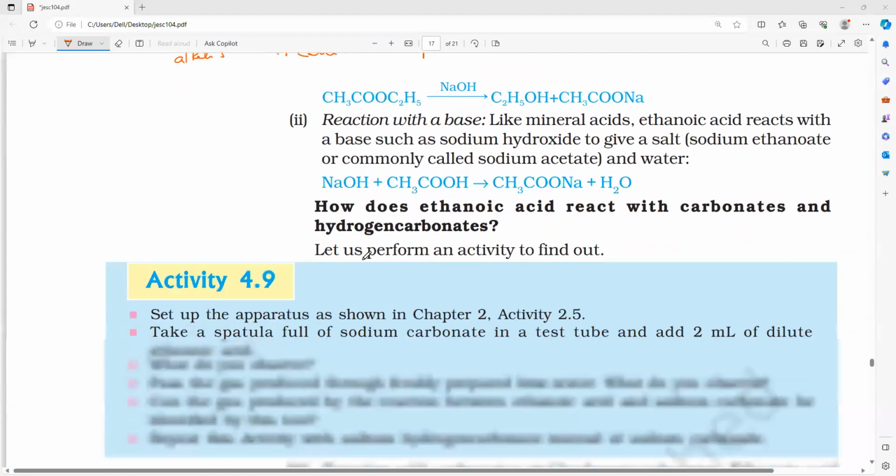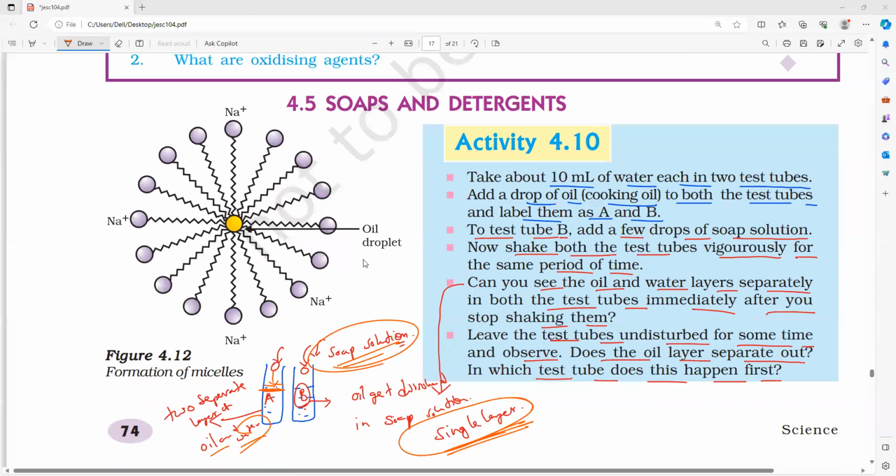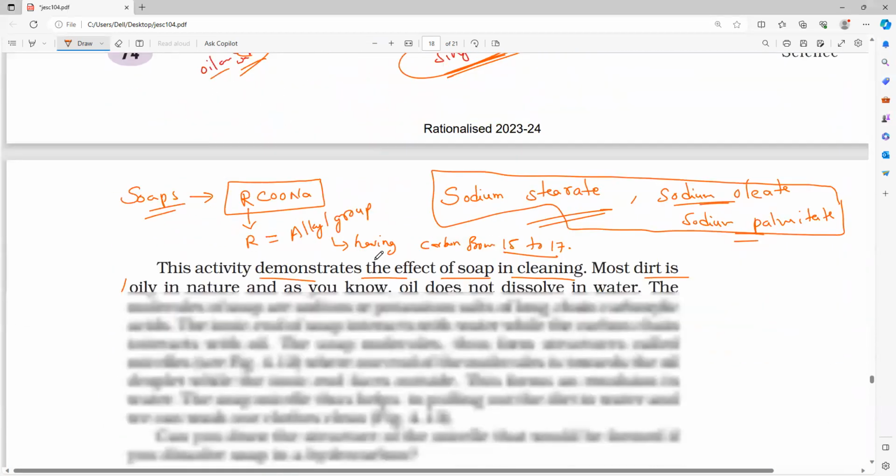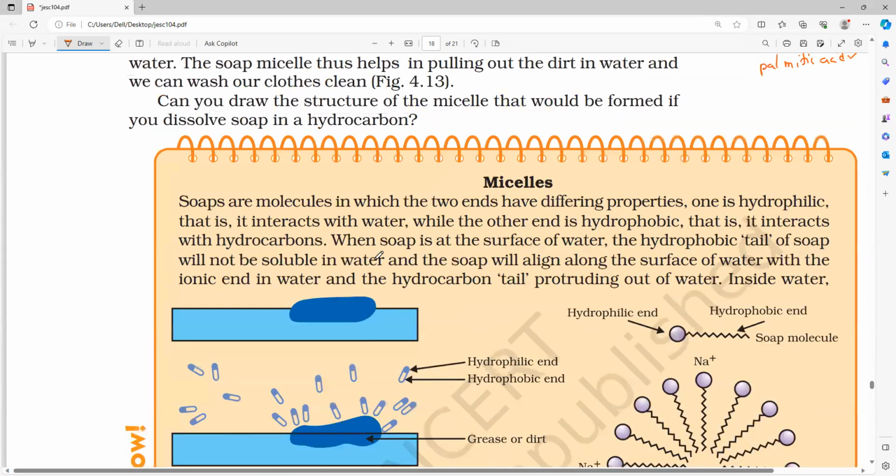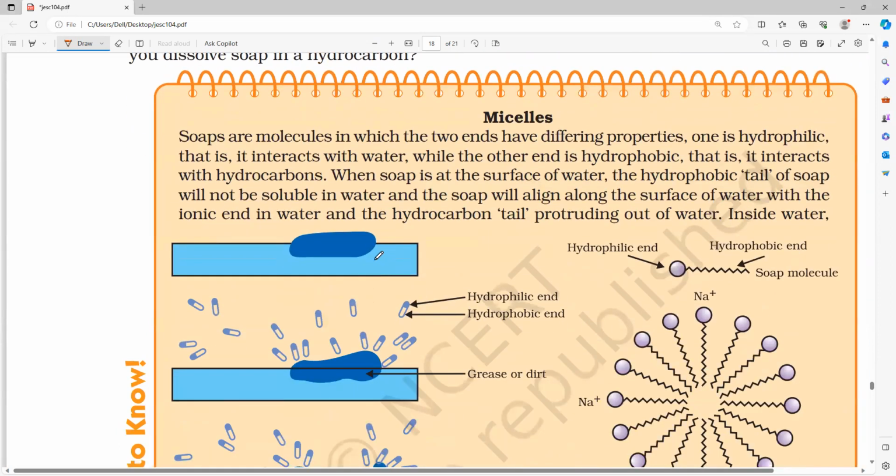Now if you look in our book, this picture speaks about the formation of micelles. We'll discuss that. Now the structure of soap: you can all see it has two things in the soap molecule. The hydrophilic end, which contains sodium, Na plus, and the tail part, which we call the hydrophobic end.